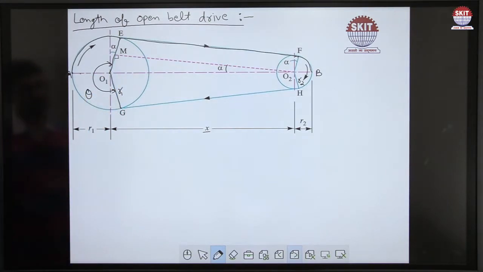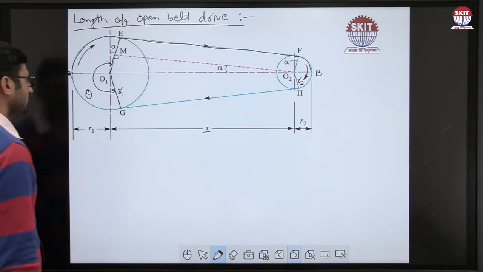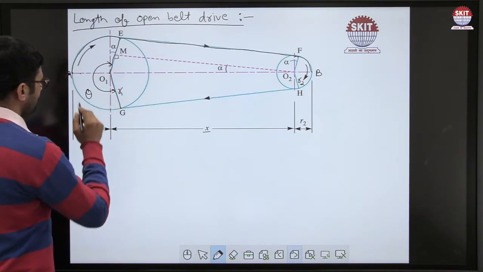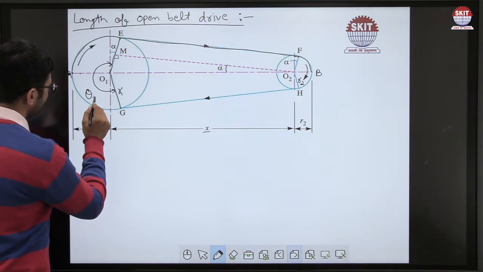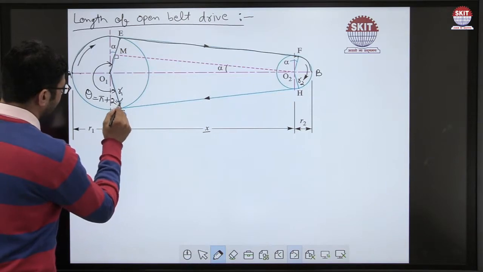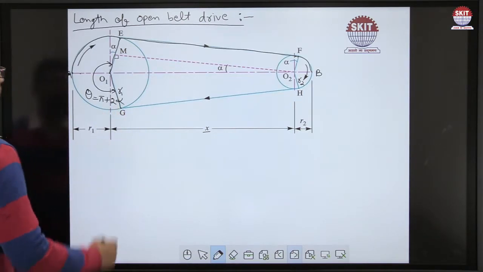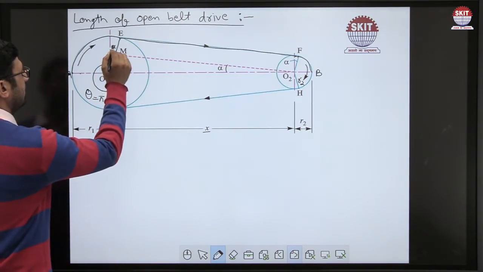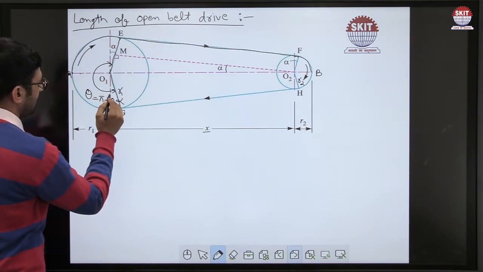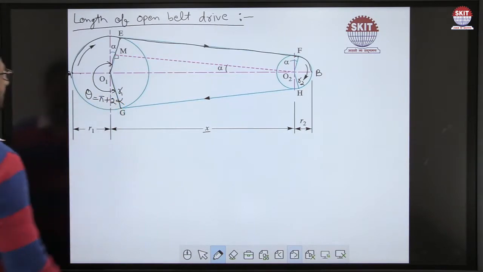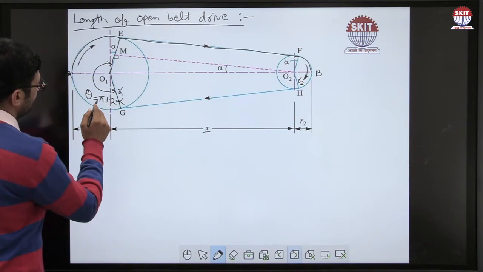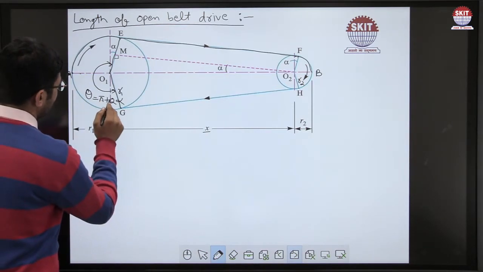We discussed this in the previous lecture, and this theta is equal to pi plus 2 alpha. Alpha angle is between this line and this line. Then this angle is also alpha. So the total angle of contact is equal to pi plus 2 alpha.